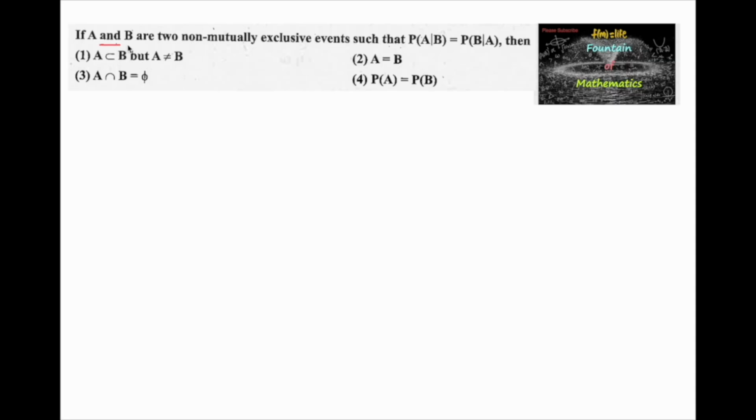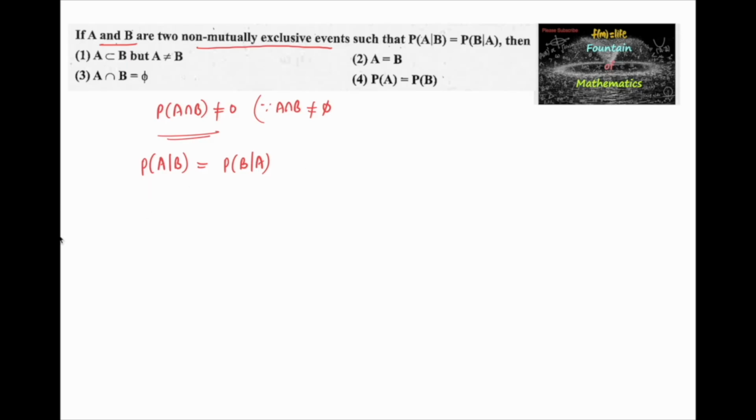Given that A and B are two not mutually exclusive events, which means P of A intersection B is not equal to 0. That is A intersection B is non-empty. And given that probability of an event A when event B is given is equal to probability of an event B when A is given.